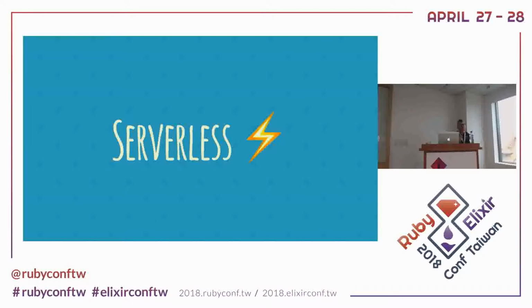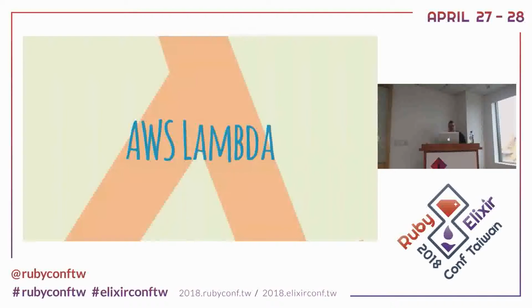And I wanted to try out the most used function as a service and the pioneer in the area, so I tried out AWS Lambda. So basically, I'm gonna go through examples with AWS Lambda, but this kind of applies to most of the vendors. So AWS Lambda lets you run your code without provisioning or managing servers.